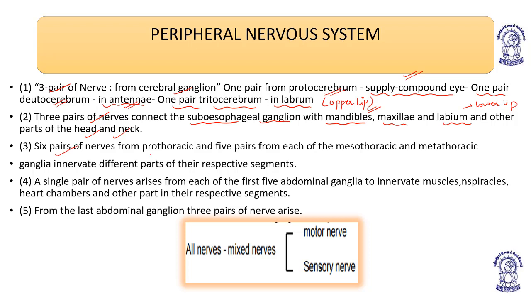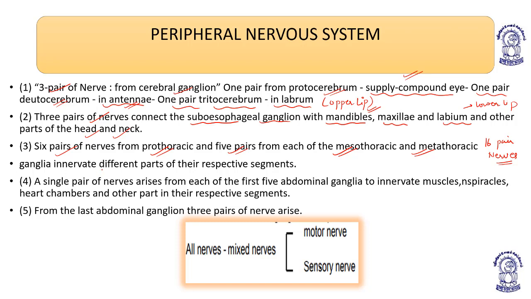Six pairs of nerves from the prothoracic and five pairs from each of the mesothoracic and metathoracic. So these nerves in the thorax region are six from the prothoracic, five from the mesothoracic, and five from the metathoracic, around 16 pairs of nerves in the thorax, and around 6 pairs of nerves in the head region.